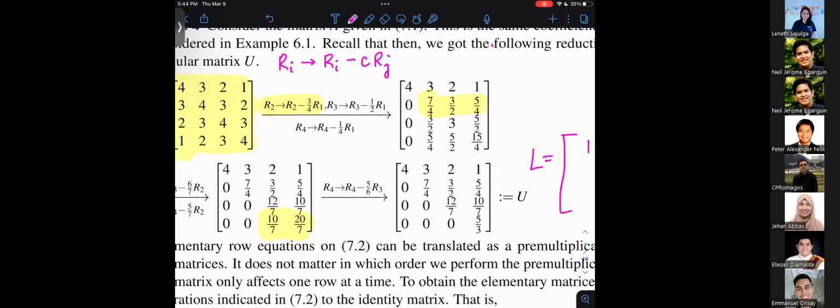So if you compare this form with this, that means i is equal to 2, j is equal to 1. So the multiplier c, which in this case is 3/4, would be the entry on the second row, first column of the lower triangular matrix L. So this will be 3/4.